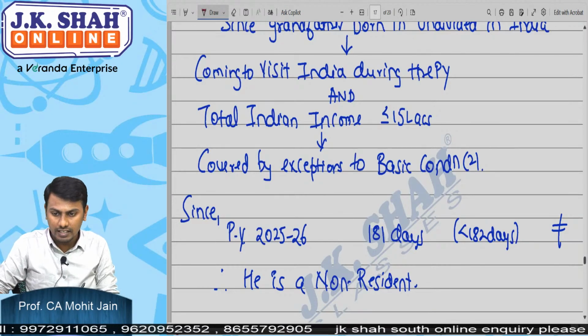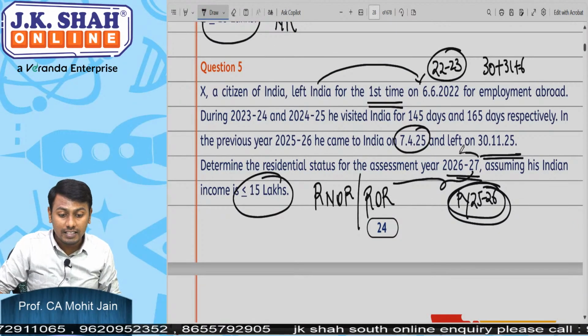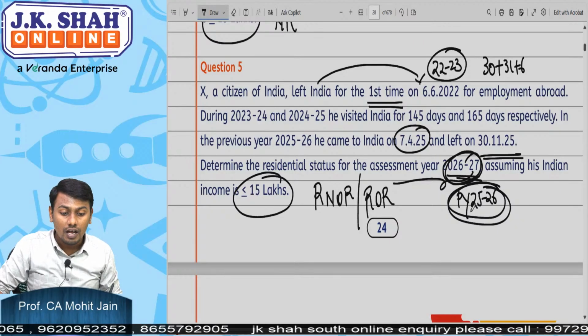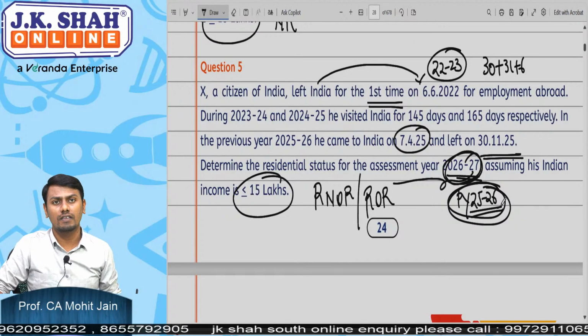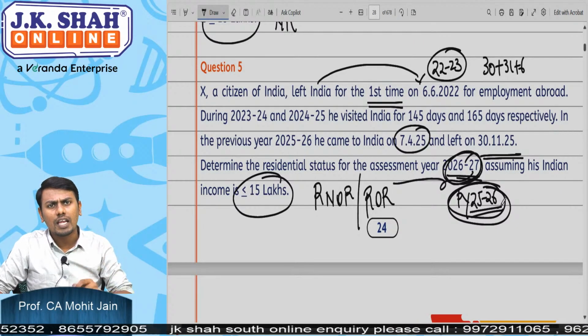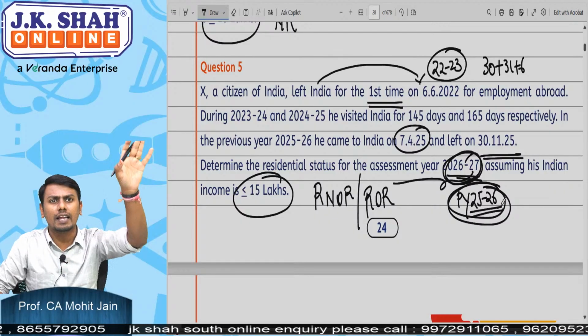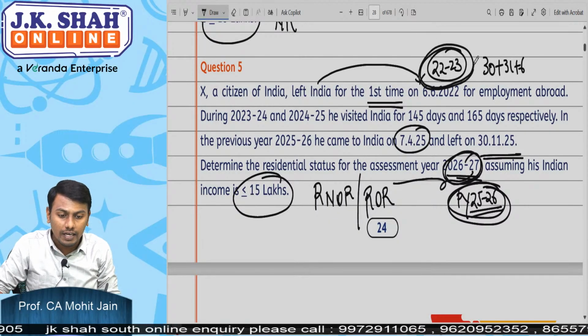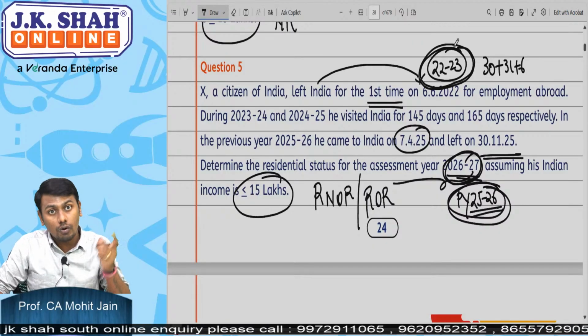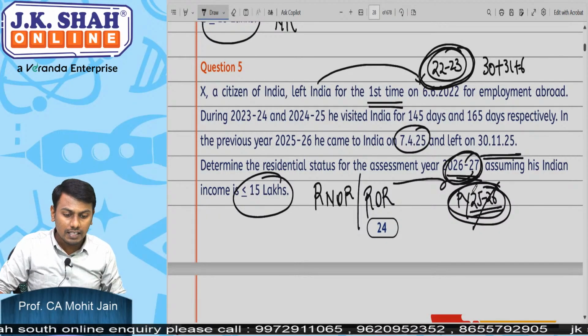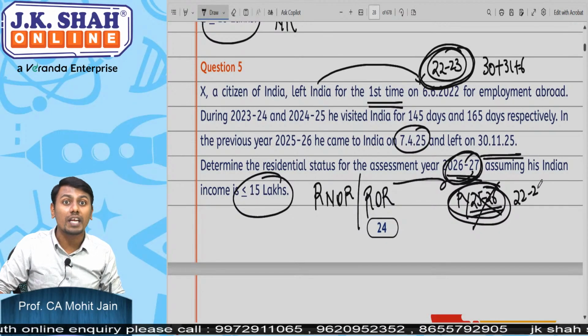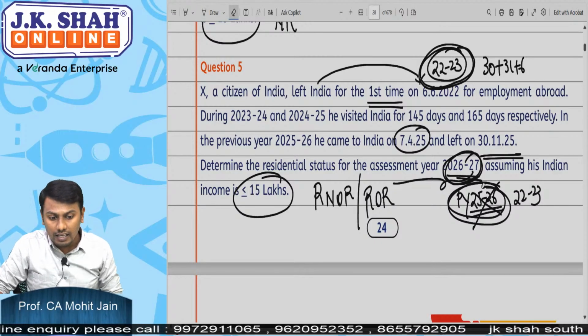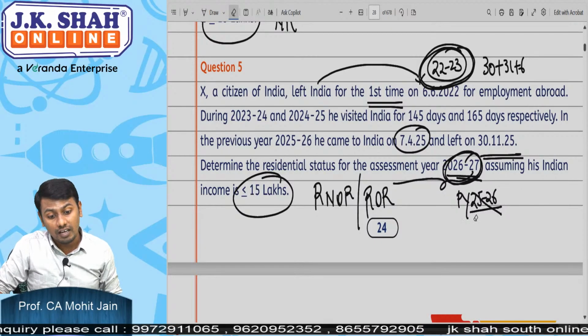Nonsense. For which previous year are they asking you to determine the residential status? 25-26. In the year 25-26, is he going outside India? He had already gone outside India in the year 22-23. Had the question been determine residential status for 22-23, then you would have been covered by exception number 1.